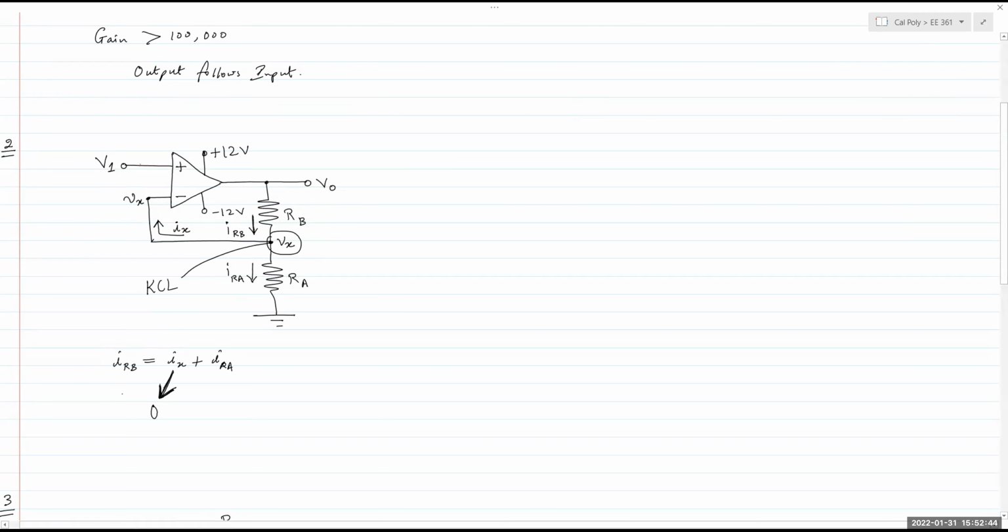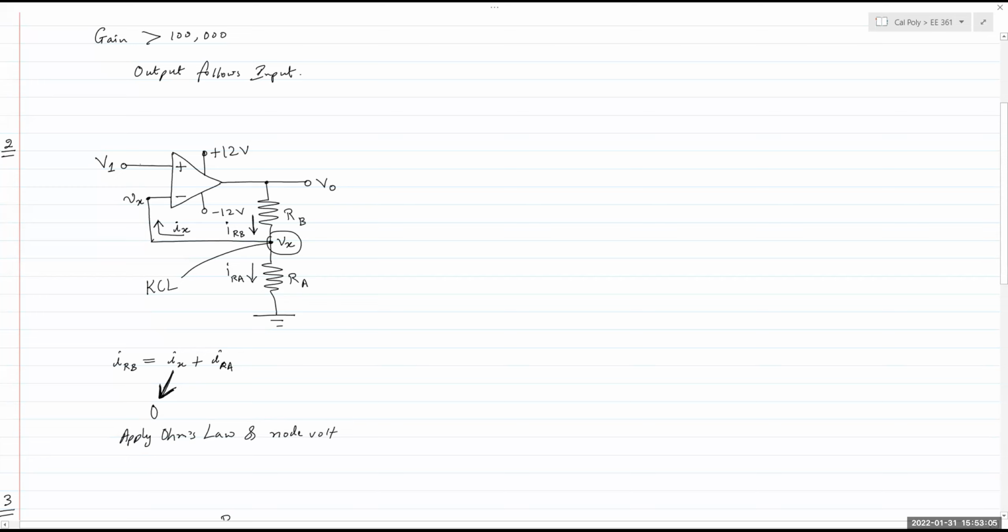Describe each one of these currents in terms of the node voltages and Ohm's law. So apply Ohm's law, and describe each resistor voltage in terms of the node voltages.